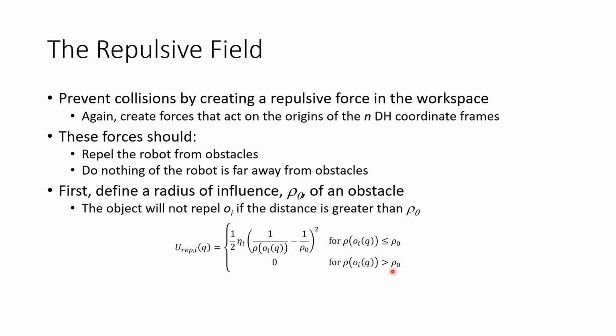Now over here you can see that if rho is greater than rho naught, which you have defined for the obstacle as a region of influence, then there should not be any repulsive potential.